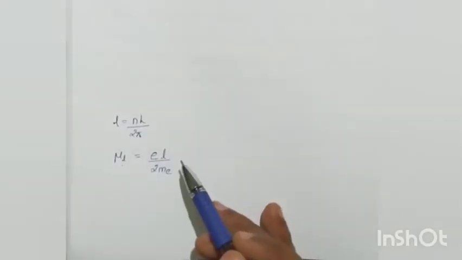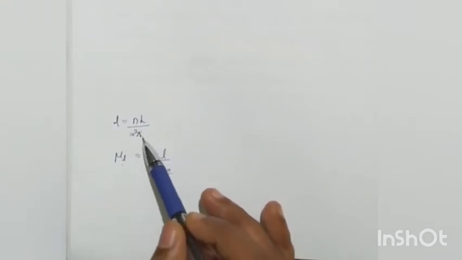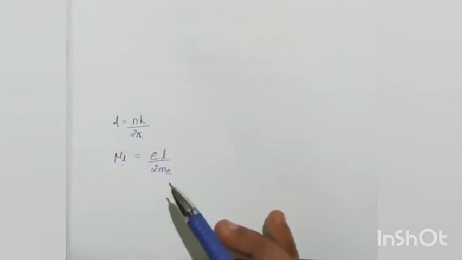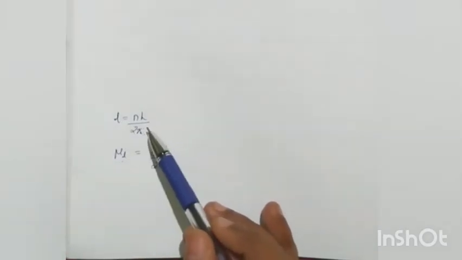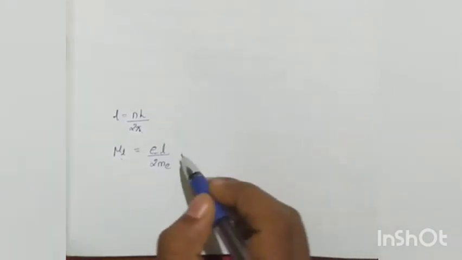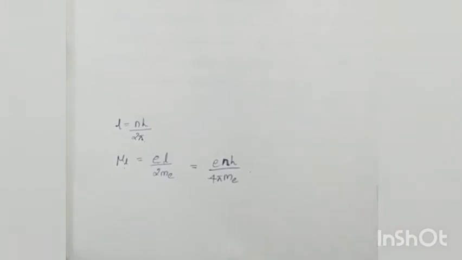The Bohr quantization condition is L is equal to nh by 2 pi, and the magnetic moment expression is eL by 2me. By substituting the Bohr quantization condition into the expression of magnetic moment, our term becomes enh by 4 pi me.